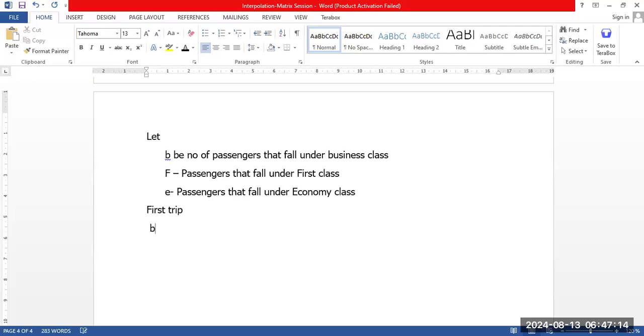So if we get B plus F plus E, it should be giving us 100 passengers, and that is your equation 1. So we interpret the next statement.